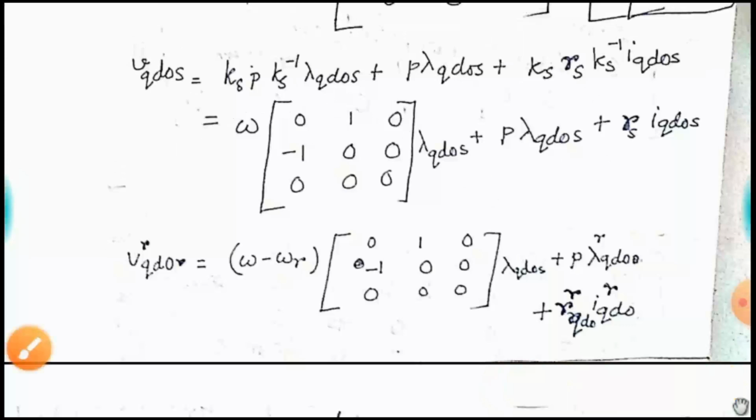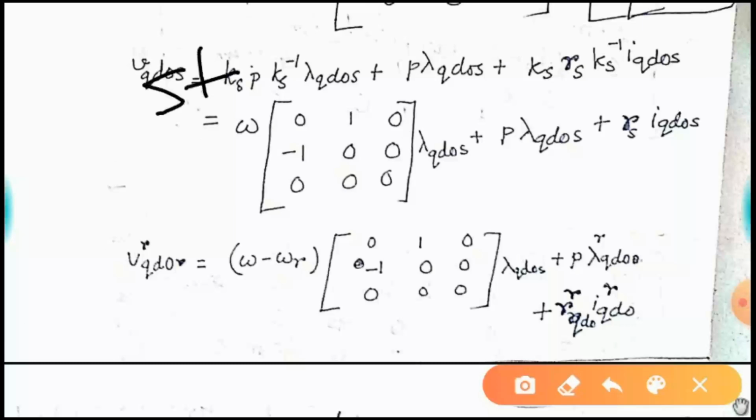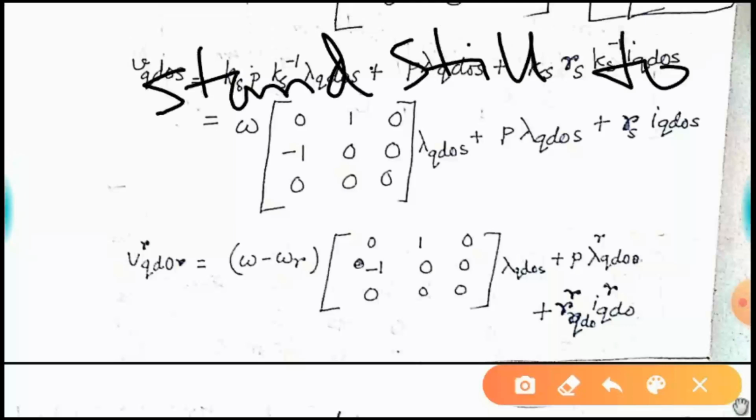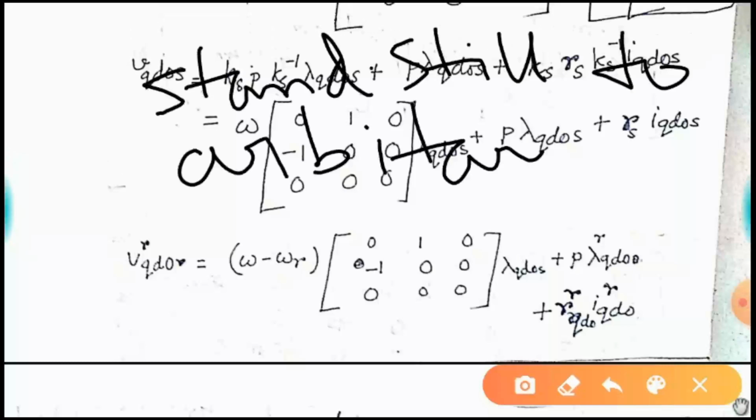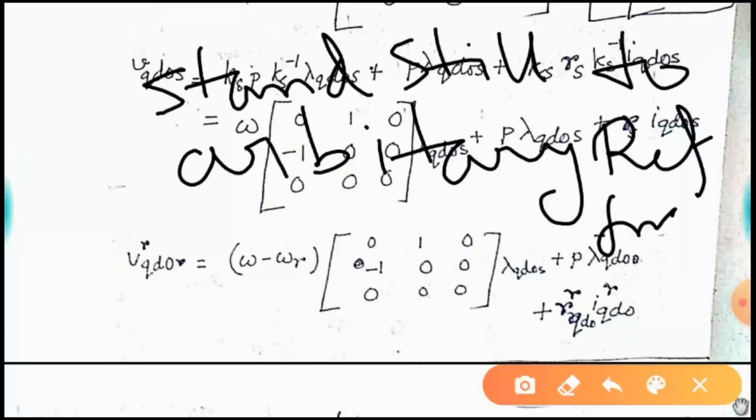So what happens when you transform from standstill to an arbitrary reference frame whose speed is omega?